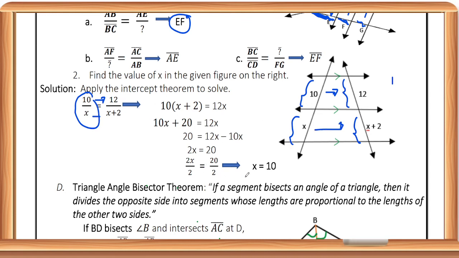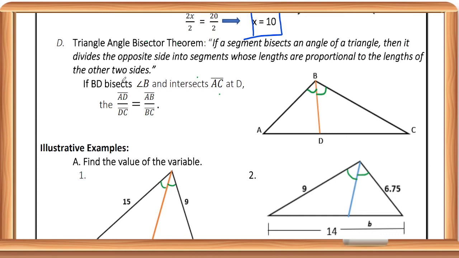Then cross-multiplying, you'll get x is equal to 10. Now, since x is equal to 10, the total measurement is 20. And this is 12, because 10 plus 2 is 12. Okay?